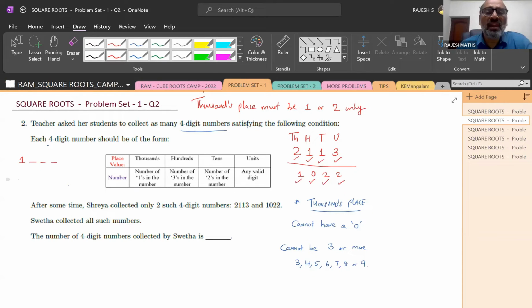Okay, fine. So when it is 1, dash, dash, dash, what about the 3s and 2s? Let us not have any 3 or any 2. You can't put a 0 here.